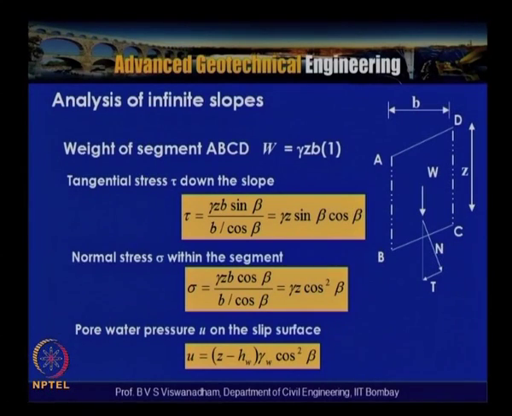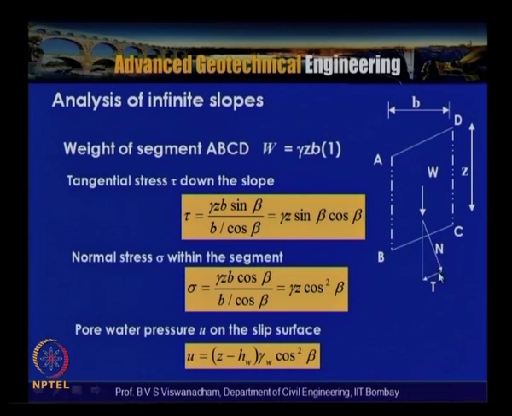Now, the tangential stress tau down the slope can be obtained by the tangential force divided by this area. The horizontal distance is b, so the length of BC or AD is b by cos beta, because AD is inclined with the horizontal at the angle beta.